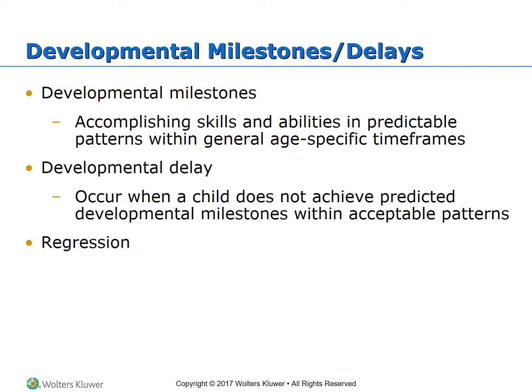And regression is a child's behavior may go backward to that of an earlier stage of development. And regression can occur during an illness. It can occur when they're hospitalized for a surgery, but children sometimes will regress to an earlier stage of development.